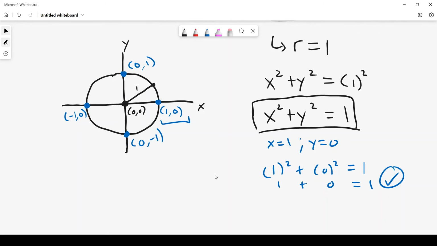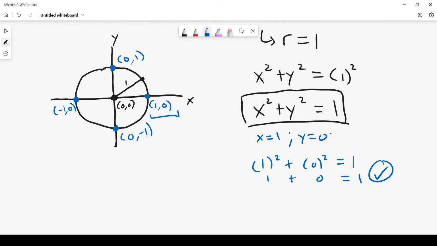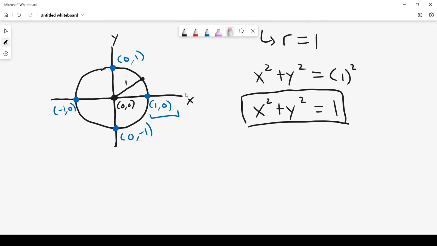But what are some other values in which we know? Well, it might be hard. I'm going to go ahead and erase this example here. It might be hard if we consider just x and just y, and considering the squaring of those terms.